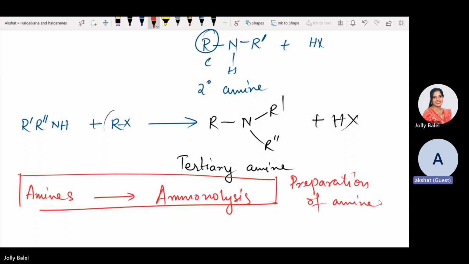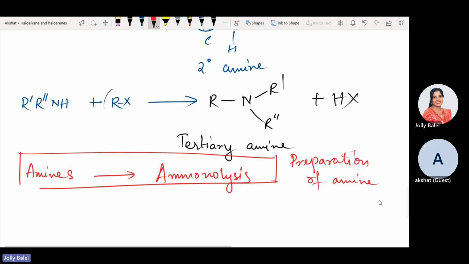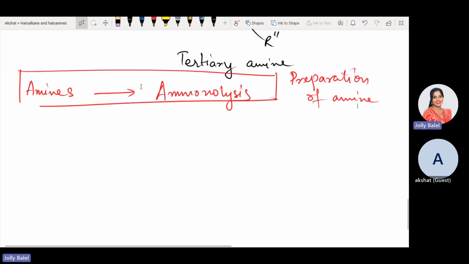Okay, so these are the nucleophiles which we discussed. Other than this kind of nucleophile, we also have some special nucleophiles which have some special features. Like if we are giving you KCN, the nucleophile will be CN minus.